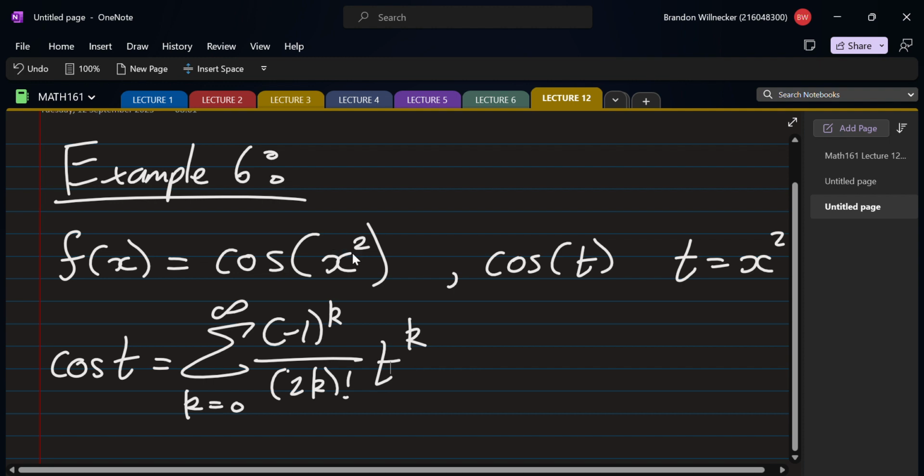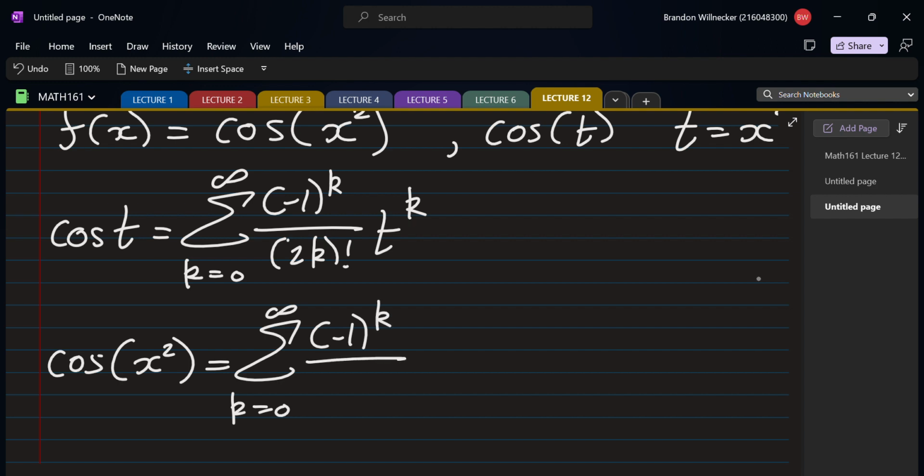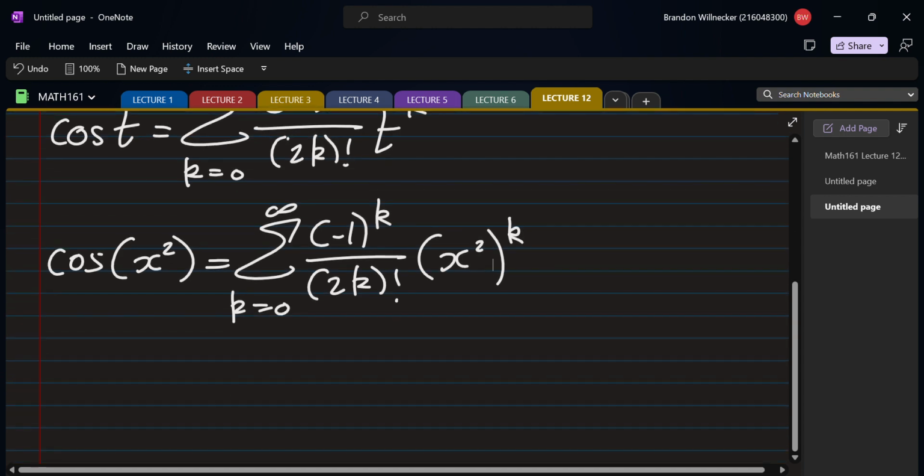Now we've got this inside function of x squared. So to get from cos of t to cos of x squared, we can just substitute t is equal to x squared. So cos of x squared is going to be the sum from k equals 0 to infinity minus 1 to the k over 2k factorial. And here we're going to put x squared to the 2k. But if we have x squared to the 2k, we can distribute the 2k inside.